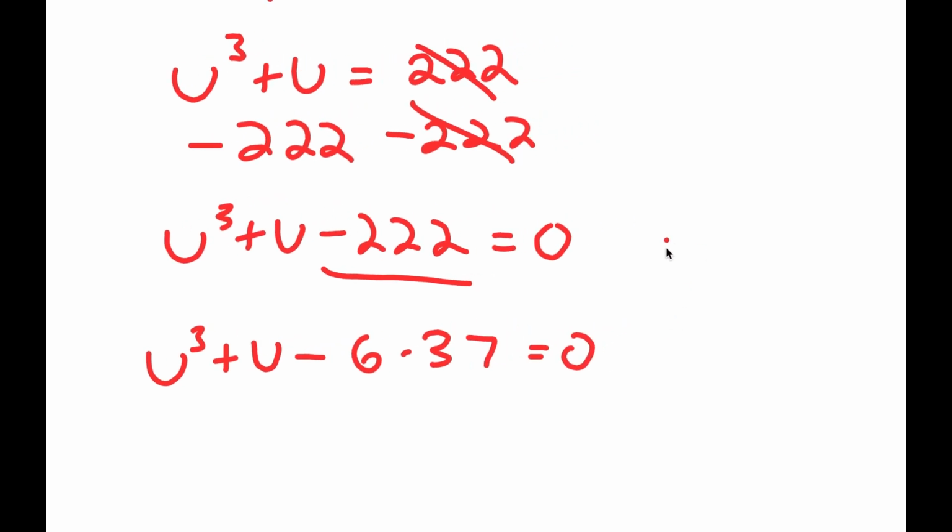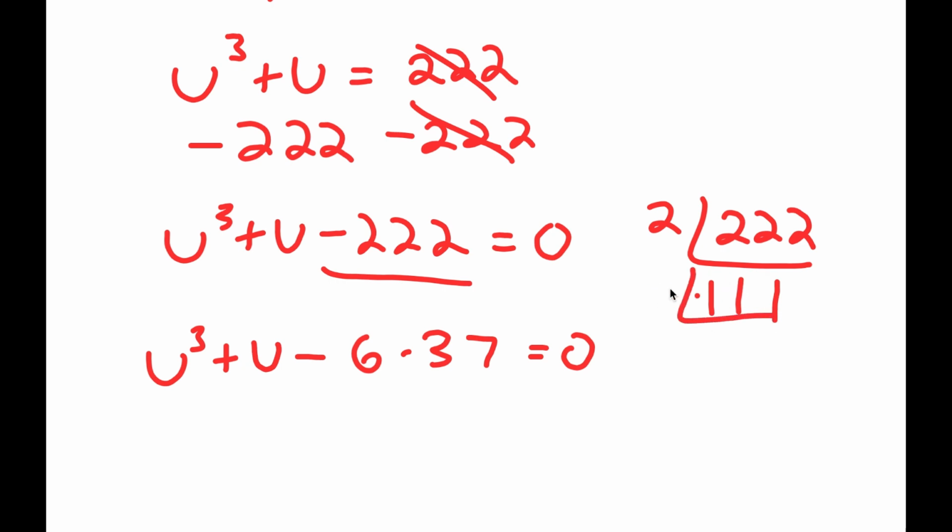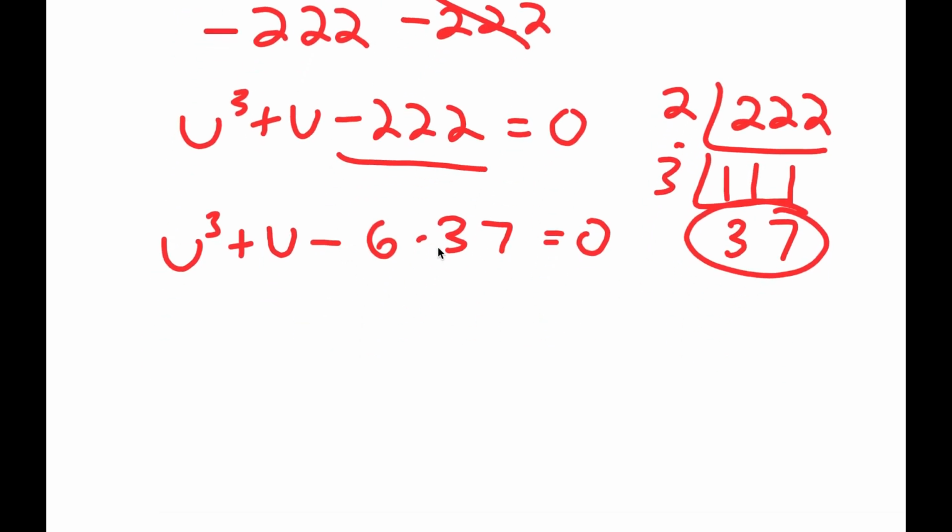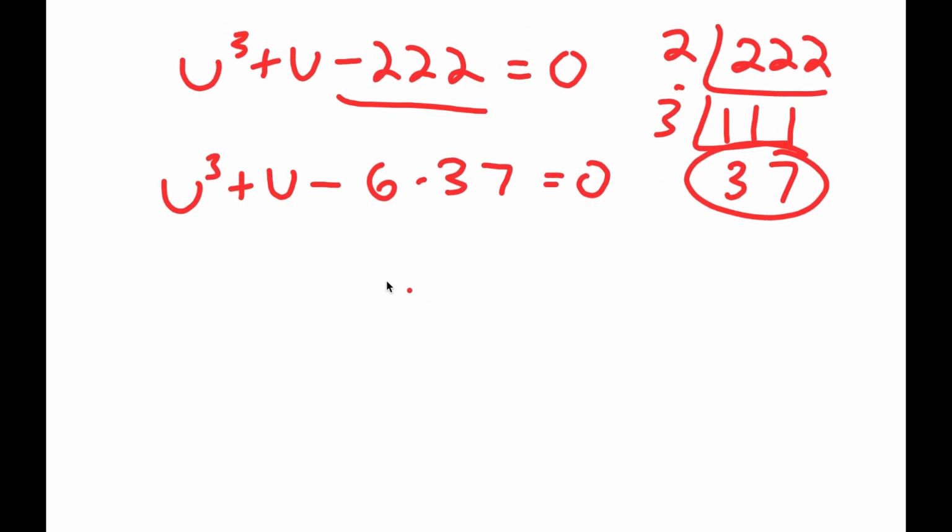And the reason I'm doing that is because 222 divided by 2 is 111, and 111 divided by 3 is 37. So I need a number that can go into both 3 and 2, which is 37. And 37 times what is equal to 222? 3 times 2, which is 6. So 6 times 37 is 222.